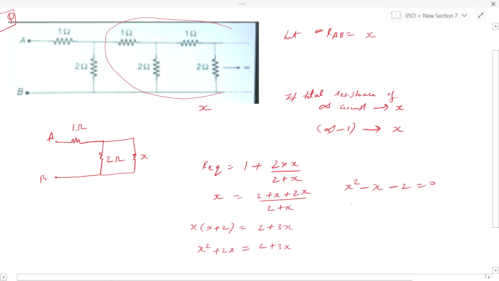So when we simplify, we'll get x square... Got the answer?